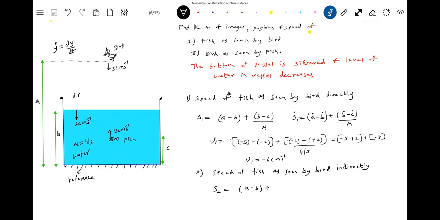So therefore, how much should we write? B plus C by mu. Already I discussed.